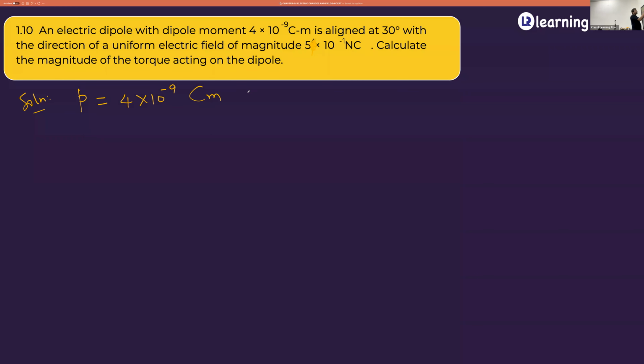It is aligned at 30 degrees, so theta is equal to 30 degrees with the direction of the uniform electric field of 5 into 10 power 4 Newton per Coulomb. Simple, no? They have given everything, just substitute.